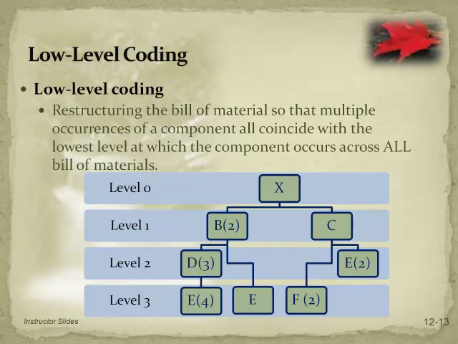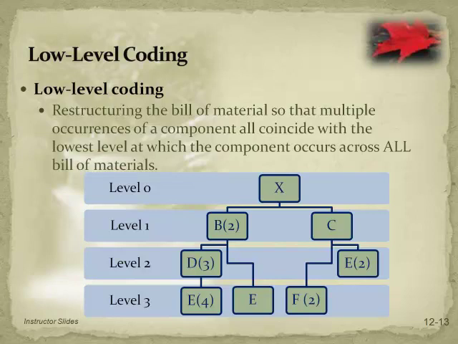And in the diagram that's shown in this slide, we see that our finished product, in this case, is product X. So the finished product is, by definition, referred to as level 0. And in order to make X, it requires 2 B and 1 C part.